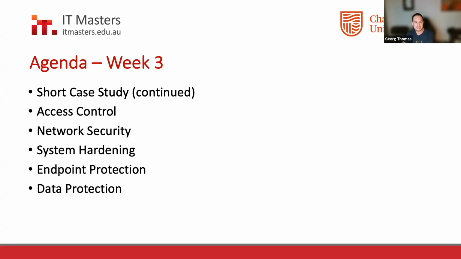Then we'll start moving into the more technical pieces: looking at access controls, what they are and what elements make them up, then moving on to network security and what that looks like, from some of the traditional network security models to some of the more modern ones. Then system hardening, which I know we touched on last week, so we'll probably blow through that one pretty quickly, then endpoint protection, then data protection, and then we'll probably wrap up there.